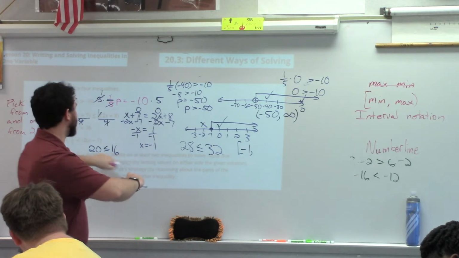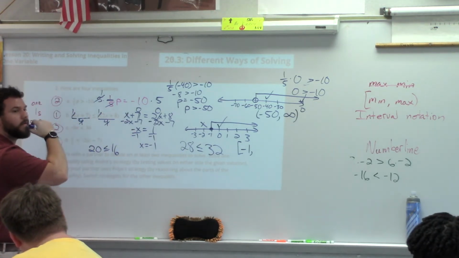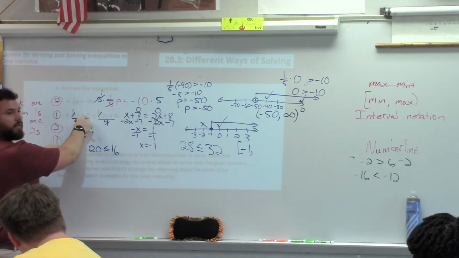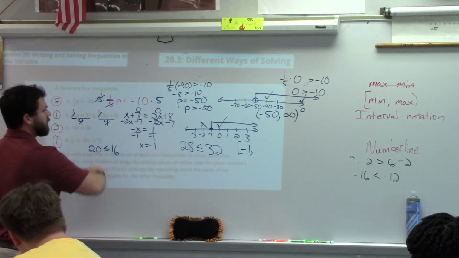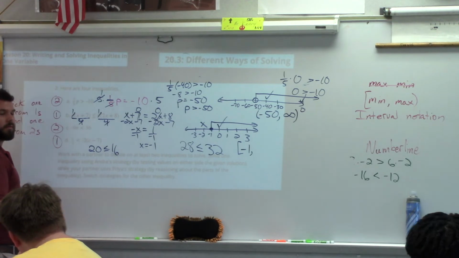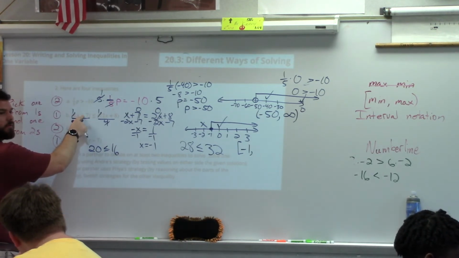Let's actually look at what that means. So that means that negative 1 should make that inequality what? True. What's negative 1 plus 7? Okay, good. Yeah, it's fine. Use a calculator. And then what's 4 times 6? 24.